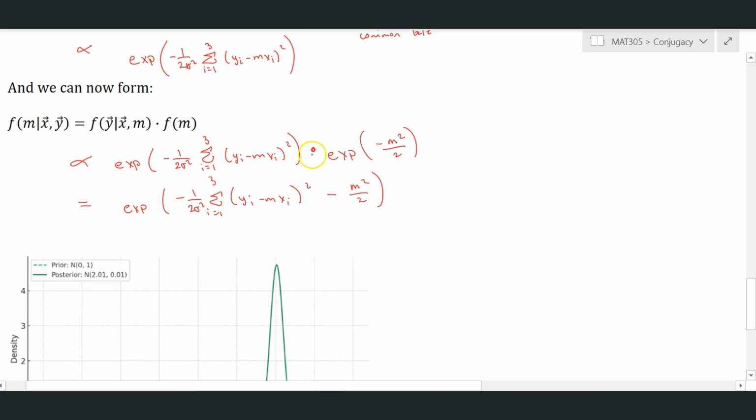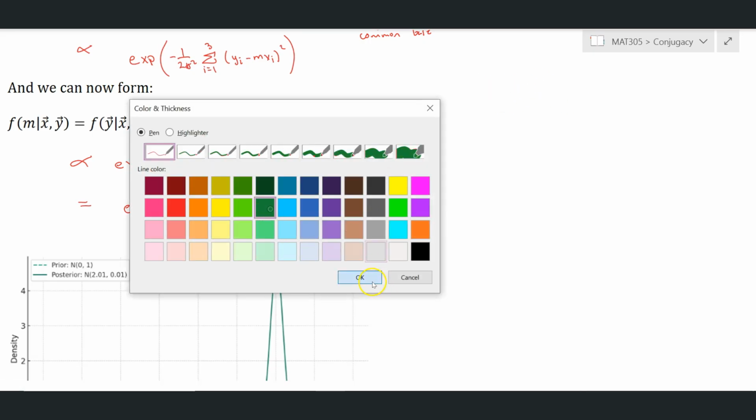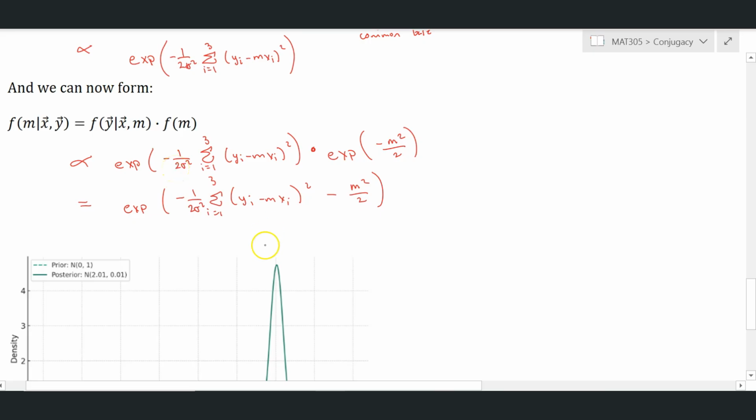Excellent. So what we have to do is make this look like a normal PDF. We already know it is going to be a normal PDF because it follows the shape of the normal PDF, and both our likelihood and our prior follow a normal PDF. So we just need to write it into this form.